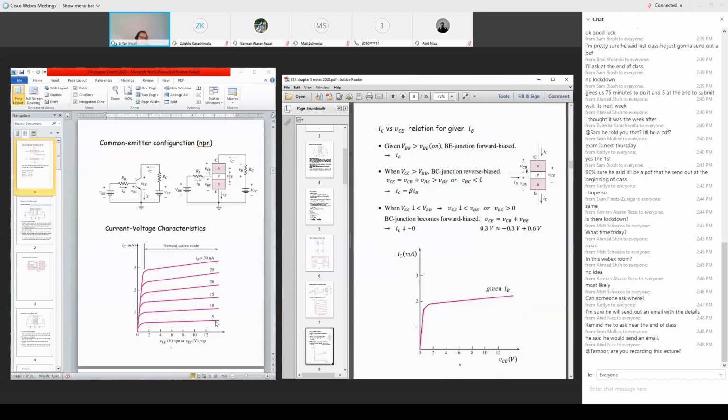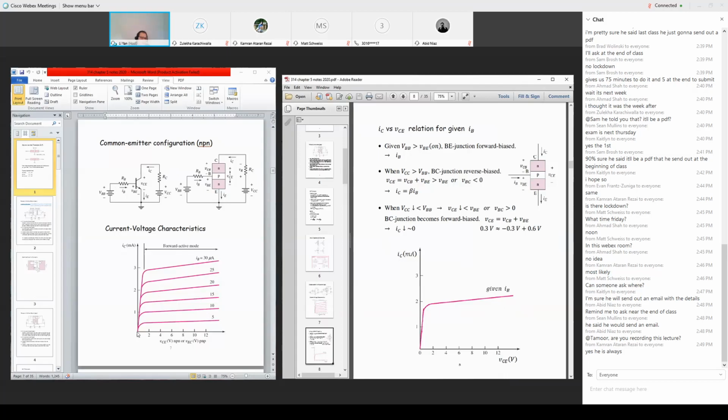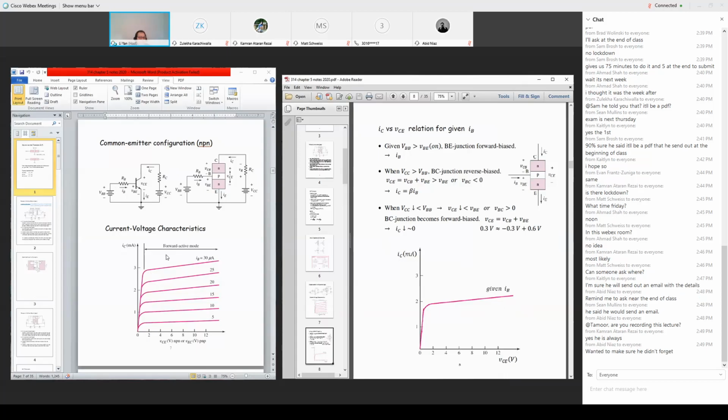Each line corresponds to a fixed base current, but IC almost stays constant until it drops to 0 when VCE goes too low. In the next one, I have a larger IB, so IC will be proportionally larger, but eventually also drops to 0. Okay, the third line says I have an even larger IB, but IC will eventually drop. So before it drops to 0, that region we call the forward active mode operation region.